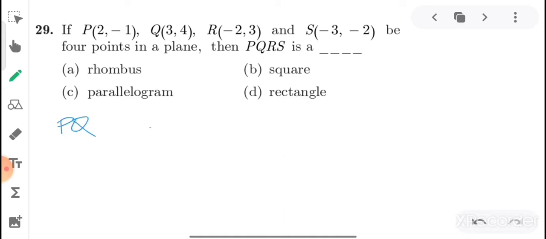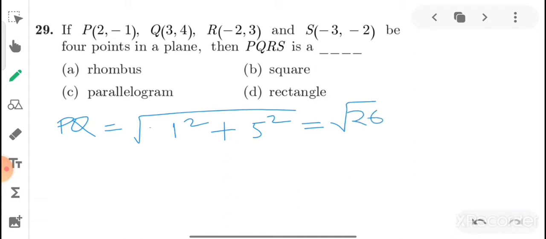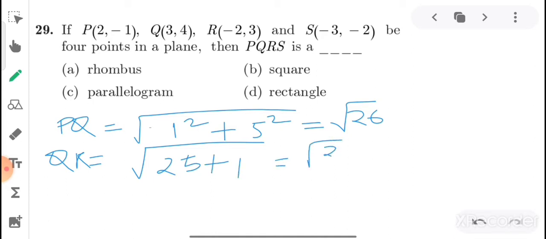PQ will be root of (2 minus 3) square, 1 square, plus (minus 1 minus 4) square, 5 square, it will be 1 plus 25, root 26. QR will be root of (3 plus 2) square, 25, plus (4 minus 3) square, 1, then root 26.